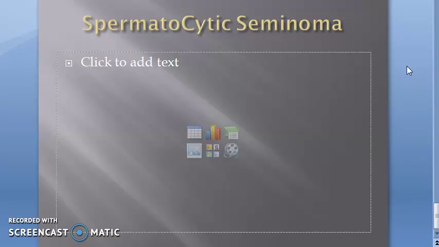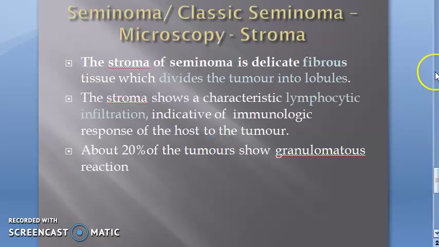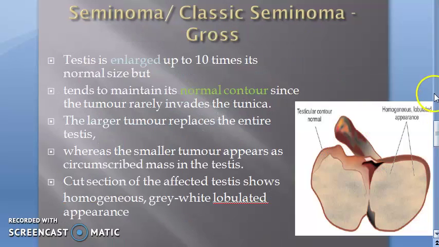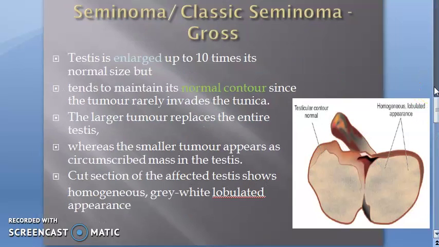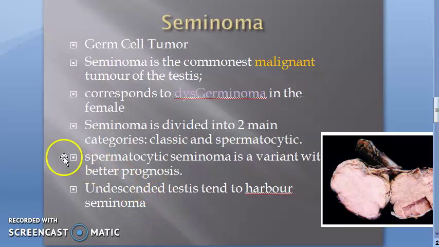See, note that in germ cell tumors, seminoma is most common, but it has good prognosis. Amongst the classic seminoma and spermatocytic seminoma, spermatocytic has better prognosis. So, seminoma also has good prognosis. Don't worry. So, we can add that here.